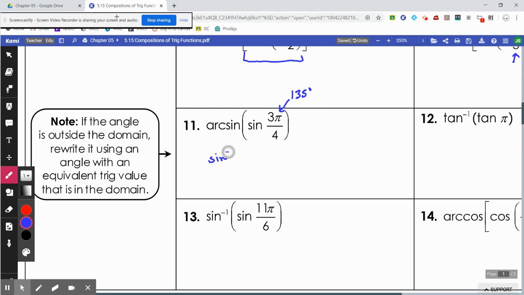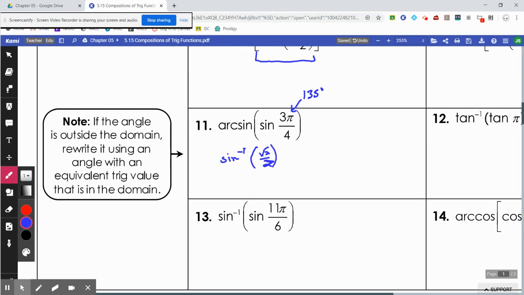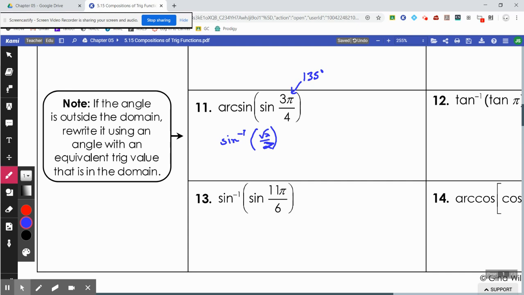We're going to do the inverse sine of the sine of 135, which is root 2 over 2. There we go. Is that going to return this exact same angle? No, it's not. The inverse sine is restricted to angles between -90 and +90.